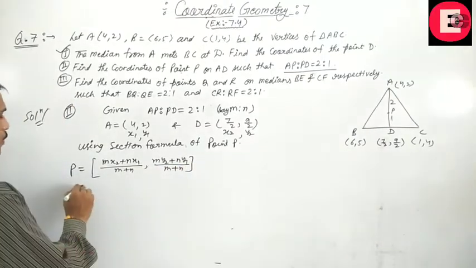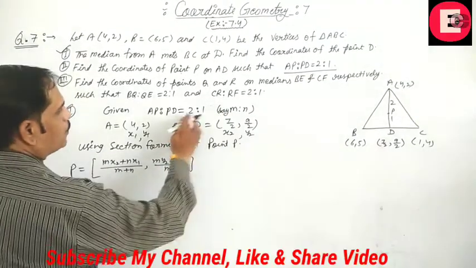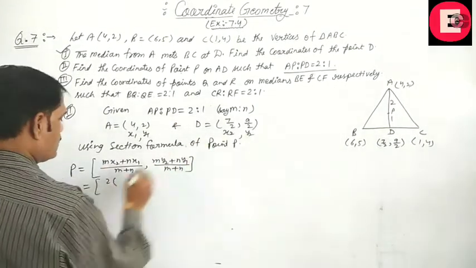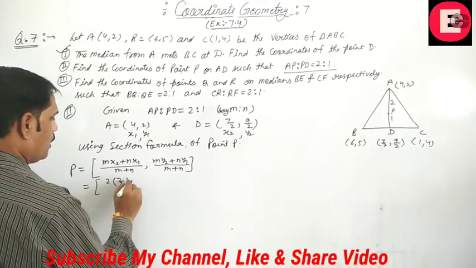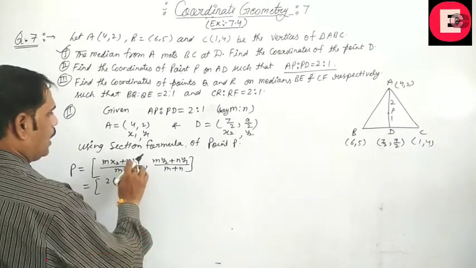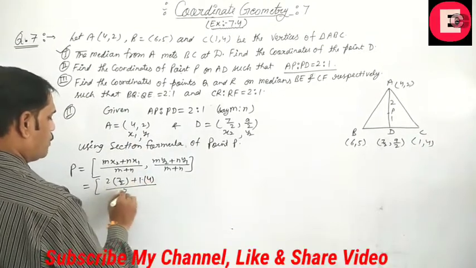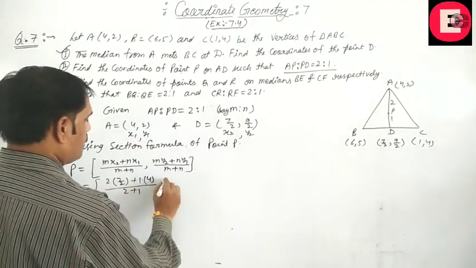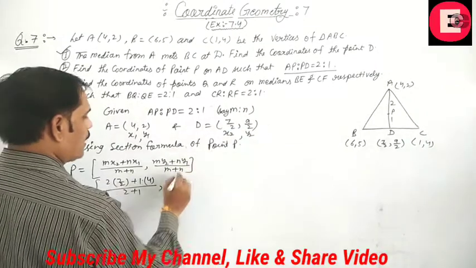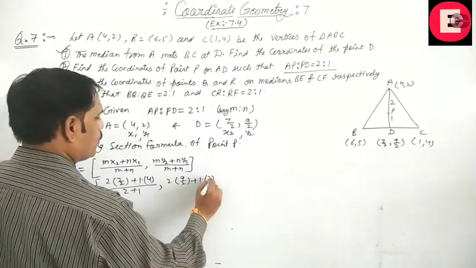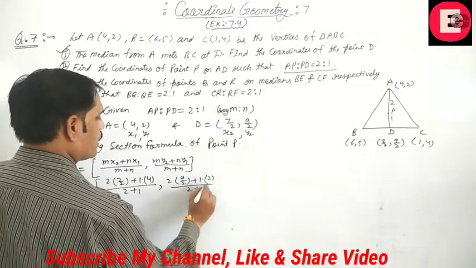Now putting the value of m equal to 2: 2 into 7 upon 2 plus 1 into 4, upon 2 plus 1. And for y: 2 into 9 upon 2 plus 1 into 2, upon 2 plus 1.